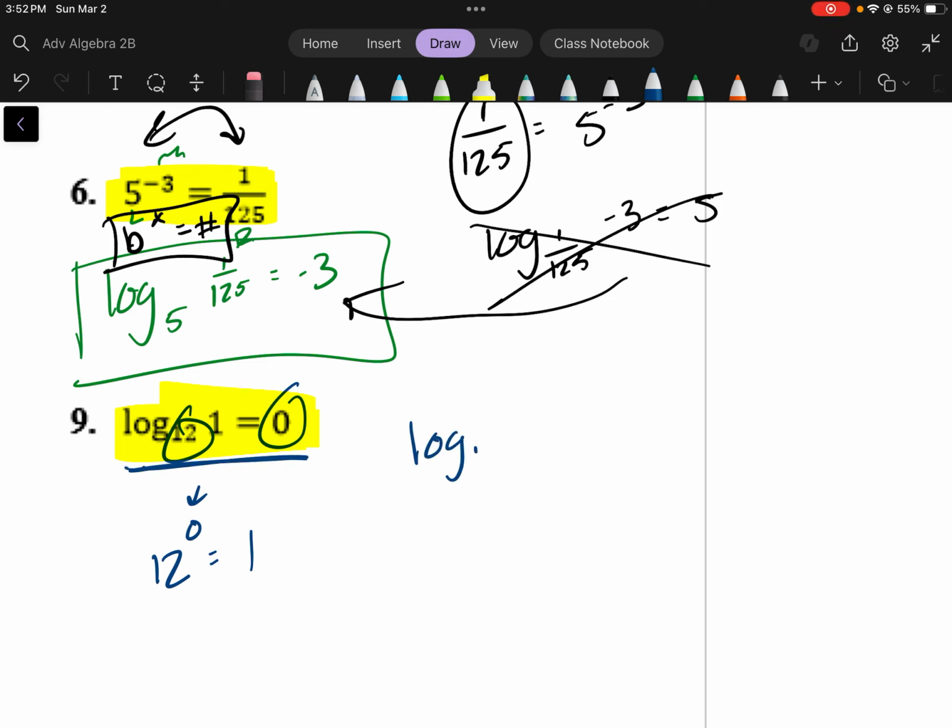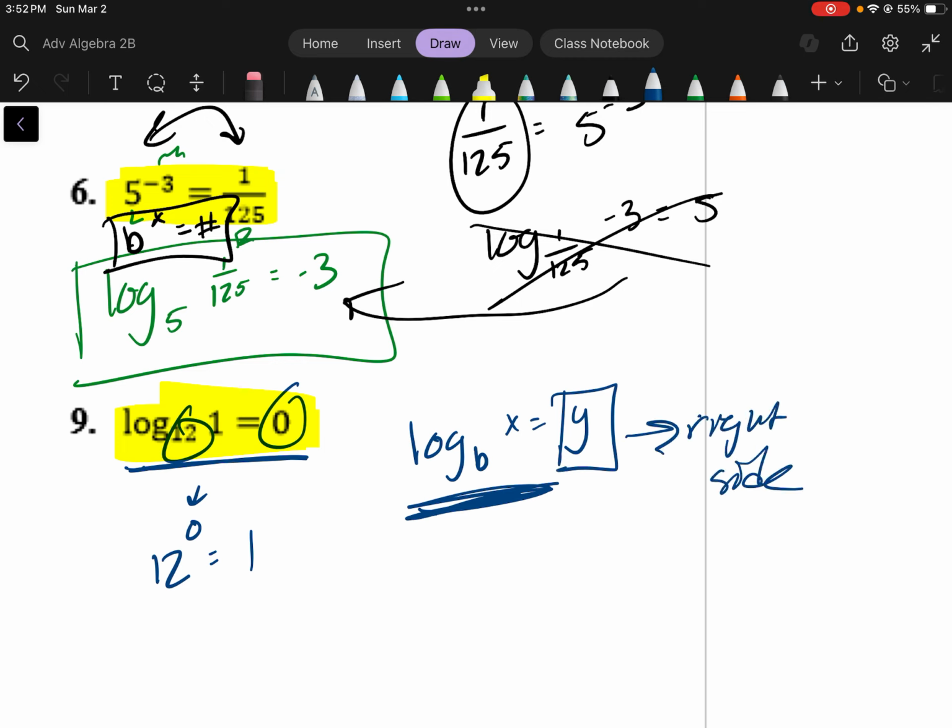Log base x of something equals the y value, where the log base x is on the left equals y on the right side. Okay, so the structure, the formatting it looks like before you apply left, right, middle, is really important. So be really careful about that.